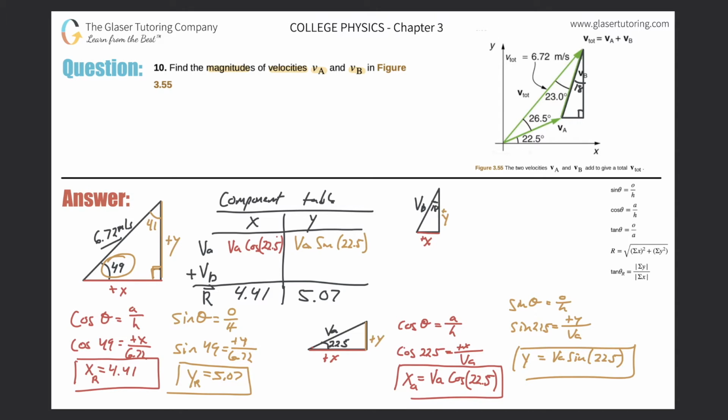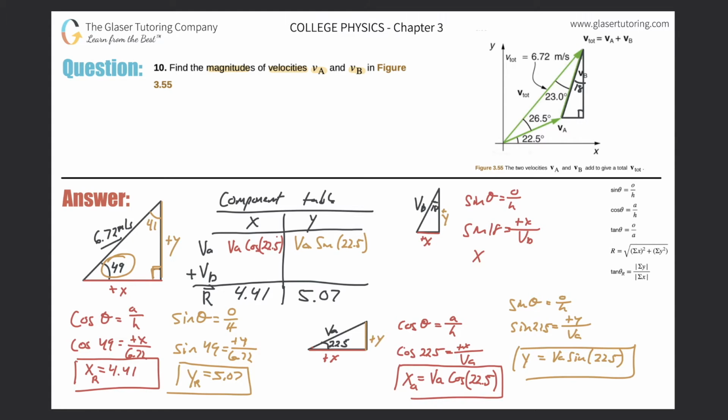Let's first look at the x. How would I solve for this side of the triangle knowing that I have a hypotenuse and an angle that is opposite of the side? It would be sine, right? So let's do sine of theta is equal to opposite over hypotenuse. So the sine of 18 is going to be equal to positive x over VB.